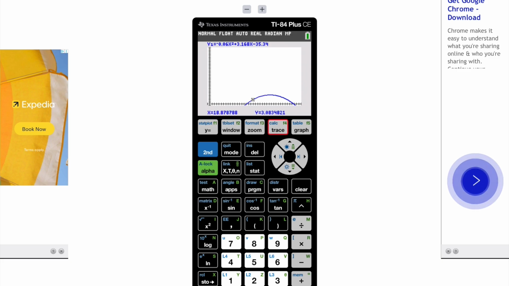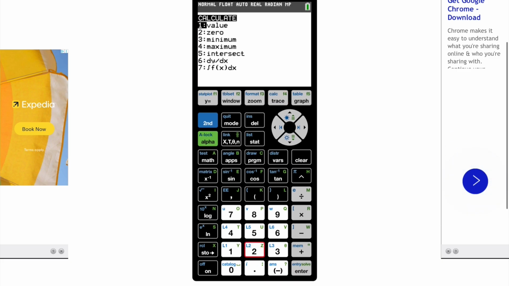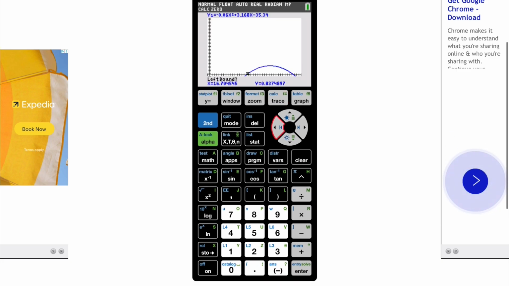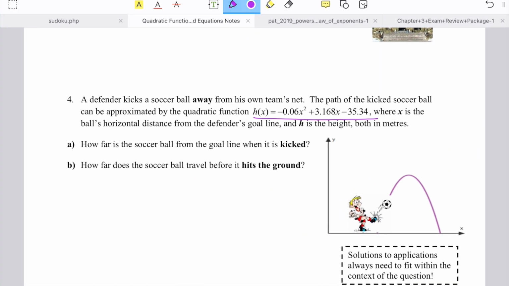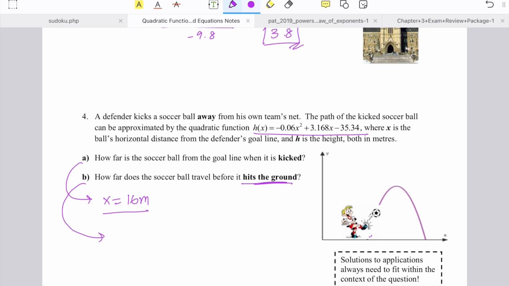This is my left bound. This is my right bound, and this is my guess. So it's 16.009. So it'll be x is equal to 16 meters for the second one before it hits the ground. So right now, over here is 16 before it hits the ground.